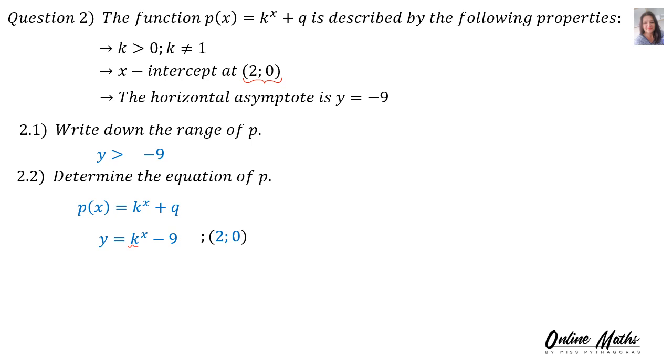So then there's the point (2, 0), x is 2, y is 0. So we substitute in y's place 0 equals k, in x's place 2, minus 9, and then we can solve for k. 9 is k squared, and then 3 squared is k squared. Take the square root, and we end with k is equal to 3. And then they told us that k is positive, so therefore the equation will be p of x is 3 to the x minus 9.